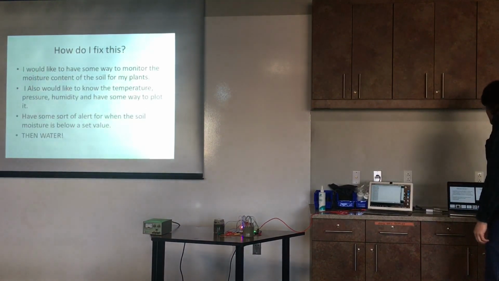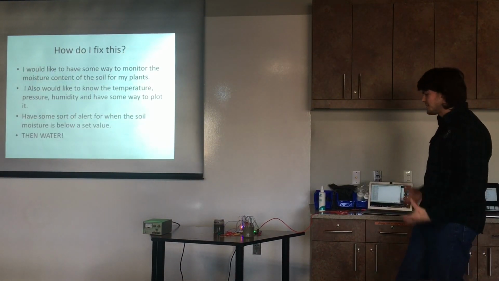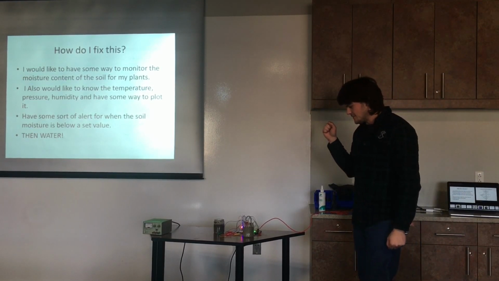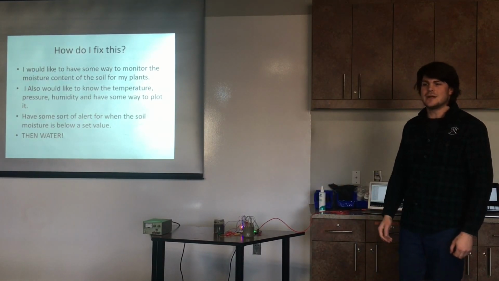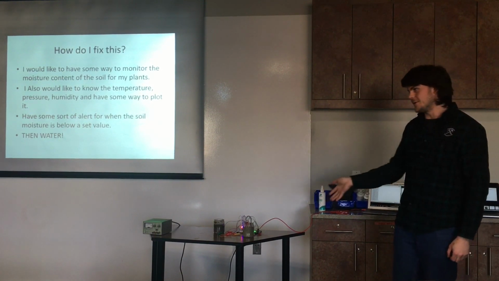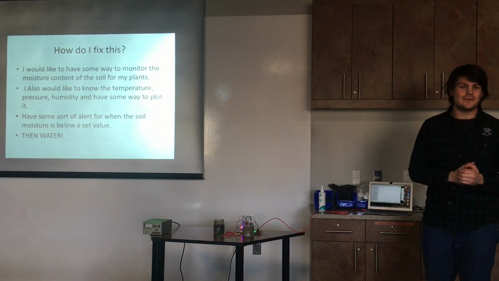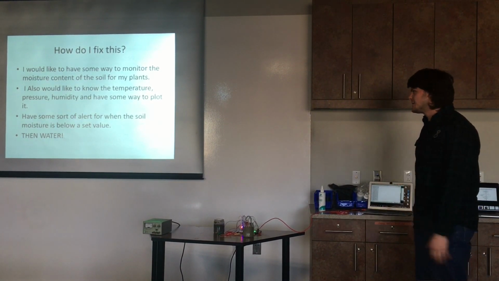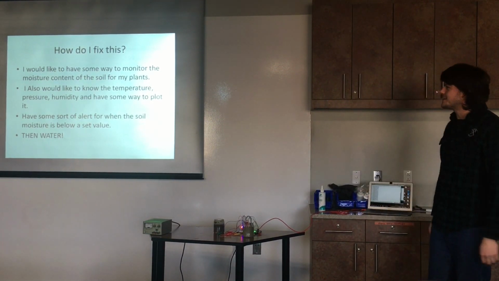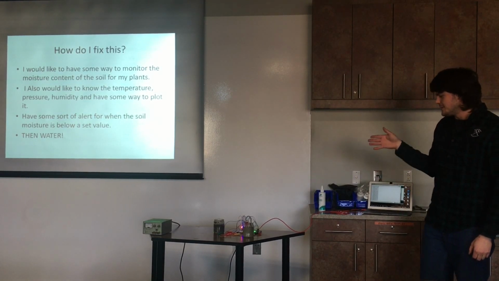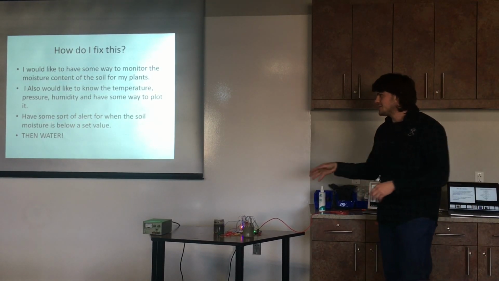The way I went about solving this problem was to make something very visual, something that tells you when you need to water. I would like to be able to plot all of this data, because that's what we do. We like to plot our data, and to have the device tell me that it's time to water.